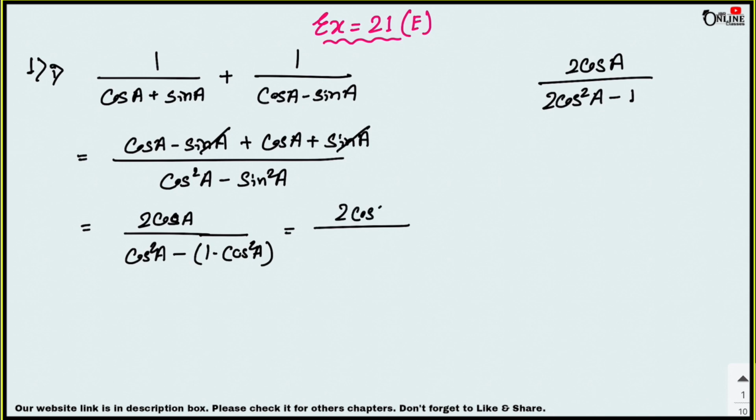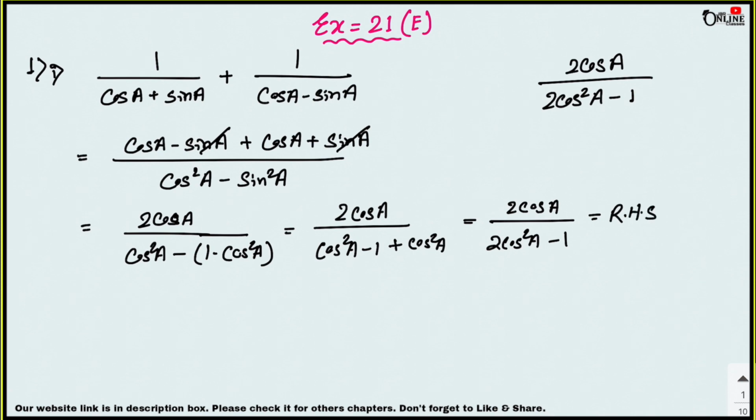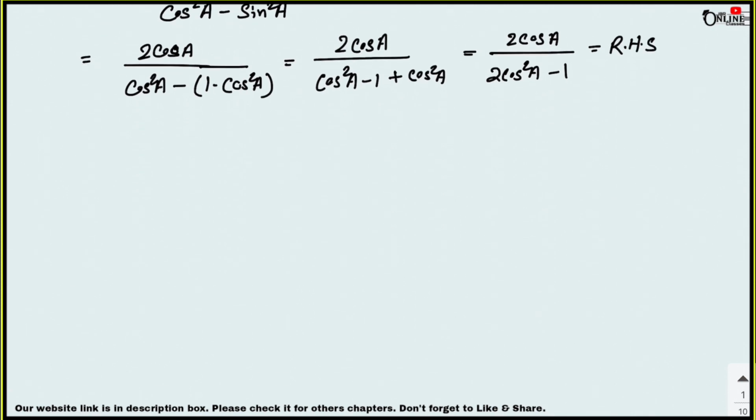So upper one 2 cos A, then here cos square A minus 1 plus cos square A. So 2 cos A, then 2 cos square A minus 1, that one equal to your right hand side. So it's proved. Next one, number 2.